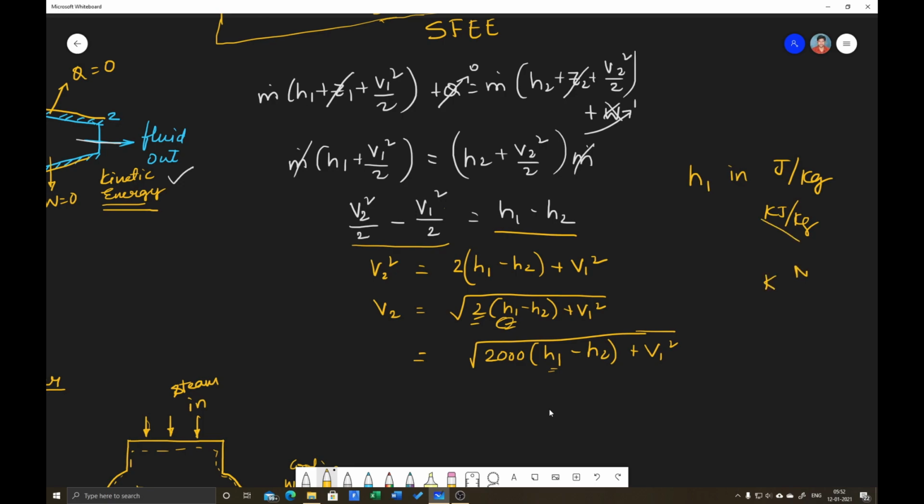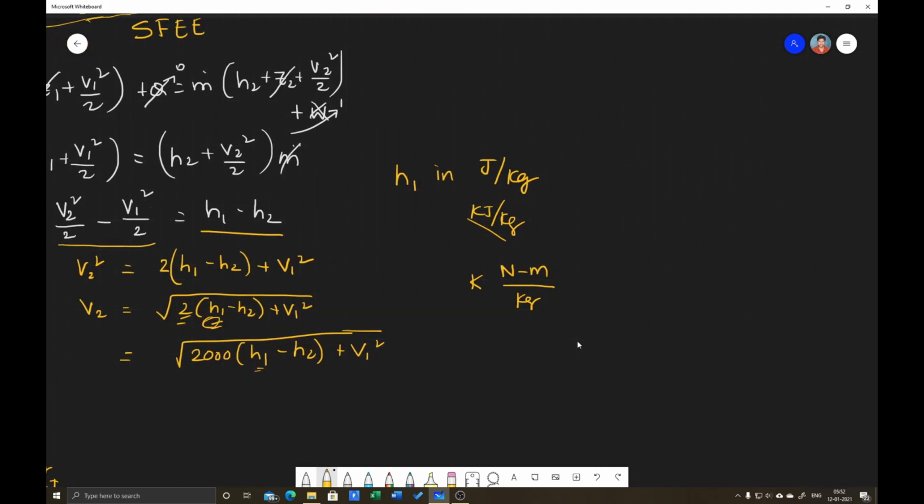What happens is, joule is Newton meter per kg. One Newton, that is one force, is kg meter per second square, into meter by kg. So kilo is already there, kg cancels out, and we get k into meter square per second squared. The square root of this is meter per second, which is the velocity of the steam.